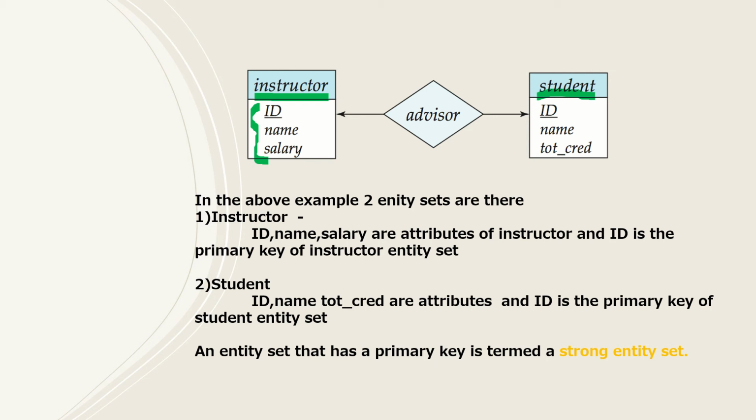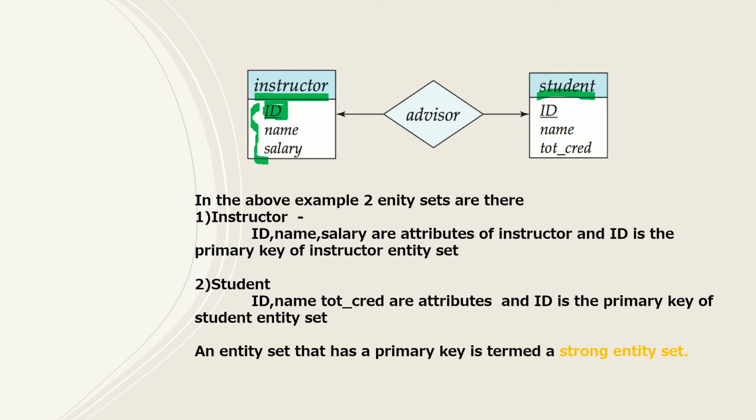If you want to identify a particular instructor uniquely, ID is set as the primary key attribute. So if you know the ID of an instructor, you can uniquely identify each instructor from that entity set.